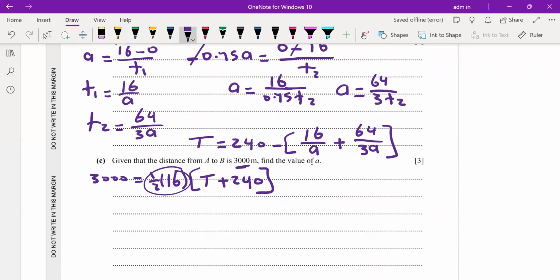So 3000 divided by 8, which is 375, is equal to T plus 240. By finding T, T equals 135.